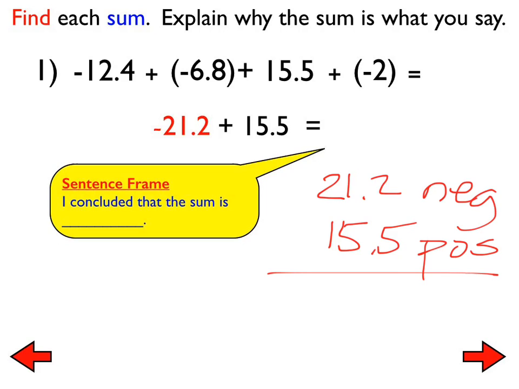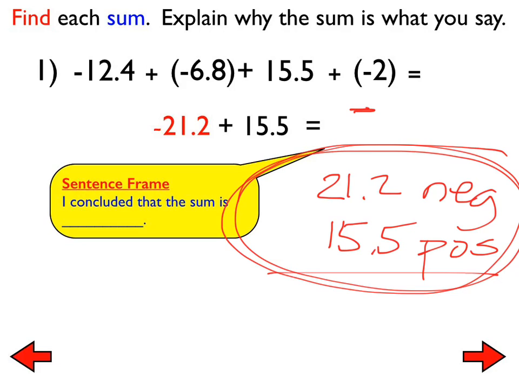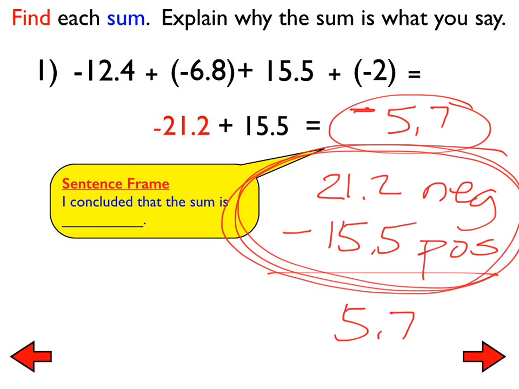We know we have more negatives, so the sum is negative, but now the question is how many more? And if we set everything up like this, to find out how many more we have of one thing than another, we simply need to subtract the two numbers, and that would be 5.7 more negatives than positives. So I concluded that the sum is negative 5.7 or negative 5 and 7/10.